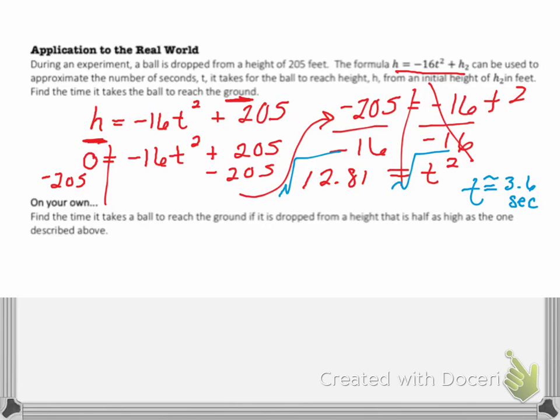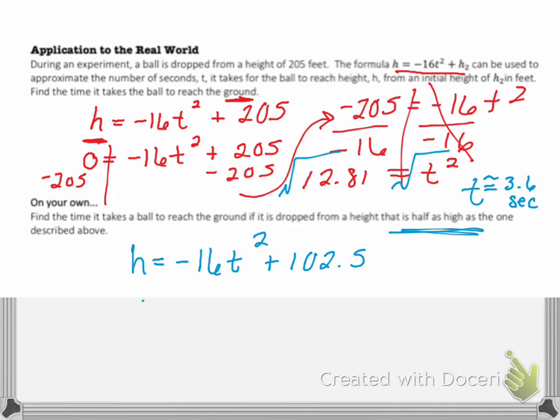So in this one, it says find the time it takes the ball to reach the ground if it is dropped from half the height as the one described above. Okay, so I'm still using that formula, h equals negative 16t squared, except it's not going to start at 205. It's actually going to start at 102.5. Now we want to figure out when it is going to hit the ground.